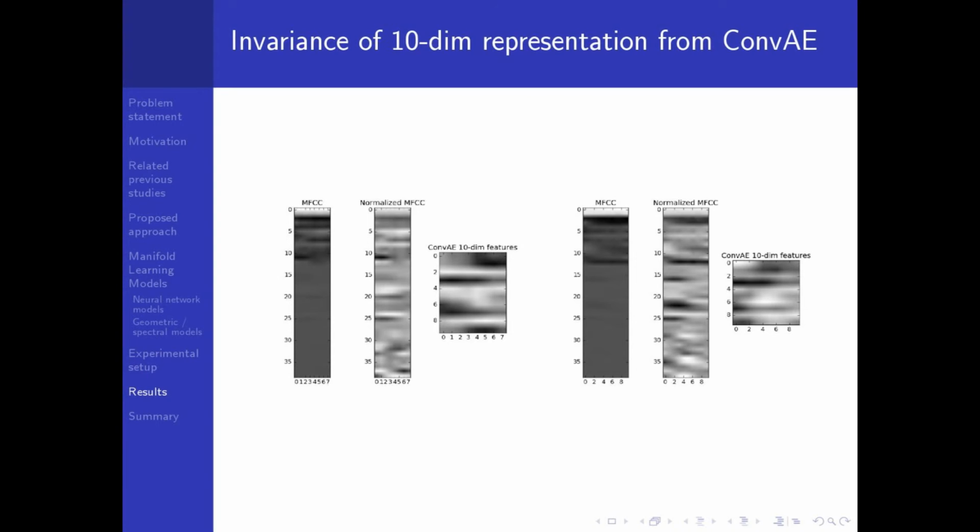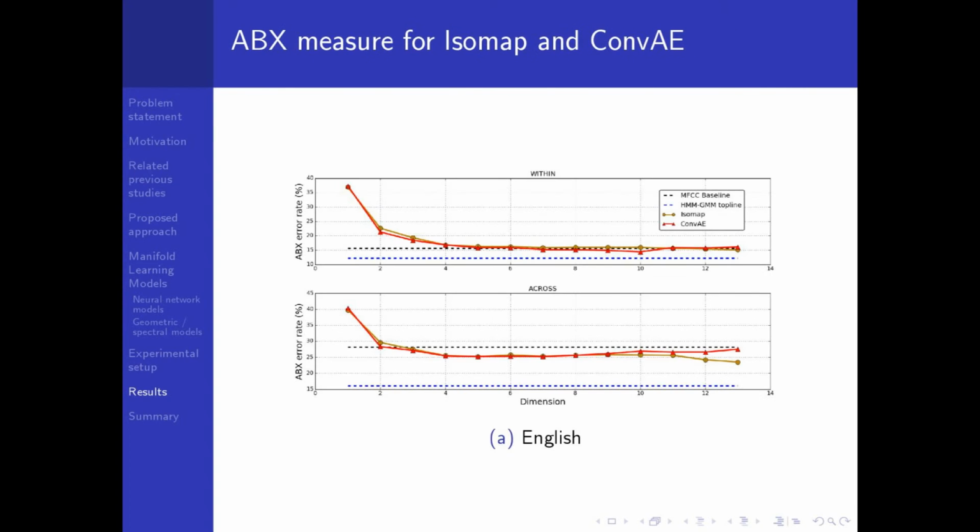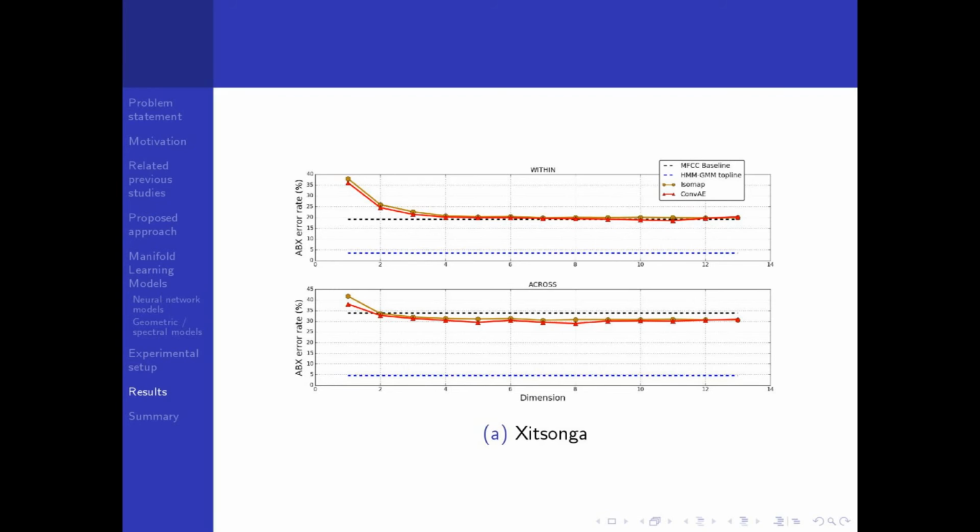We also apply convolutional autoencoders and isomap over the Buckeye corpus and the Xitsonga corpus given as a part of the Zero Resource Speech Challenge. We can see that both of these algorithms outperform the baseline, but they perform comparably equal to each other.